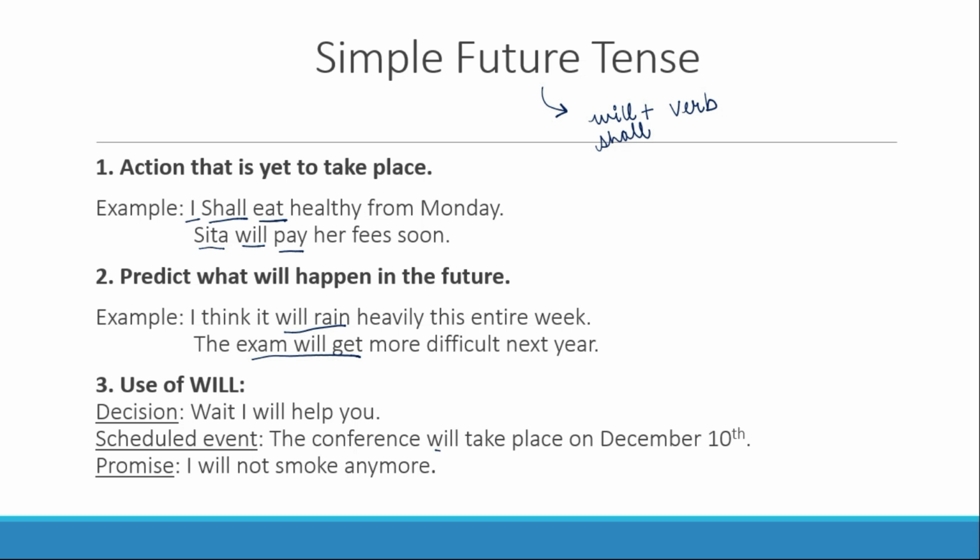It is scheduled. And if you're making a promise, I will not smoke anymore. So it is a promise. That also during that time you will use will. Like I tell you, I will not eat unhealthy from Monday. So if you're making a promise, then you will be using the word will.